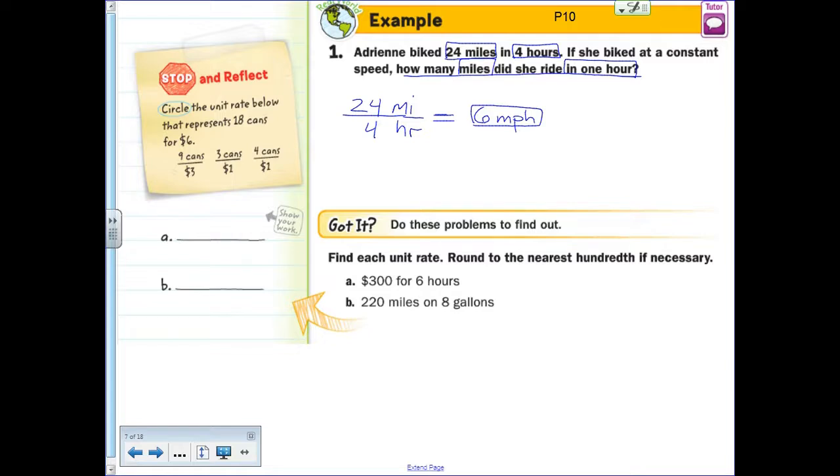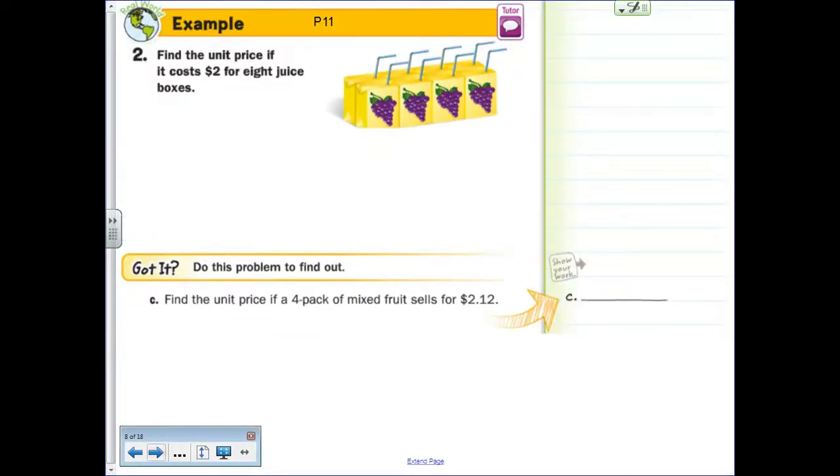Let's go to example number 2 on page 11. It says, find the unit price if it costs $2 for 8 juice boxes. So we're finding the unit price. This is important because the price is the thing that's got to be first, which means when we set up our ratio, it is money that needs to be on top.